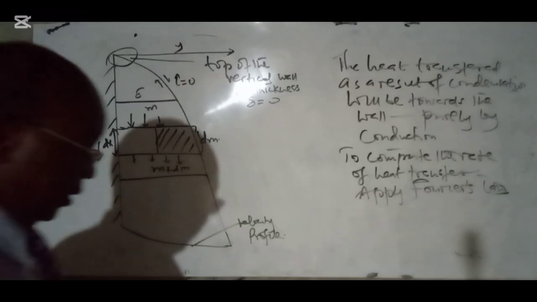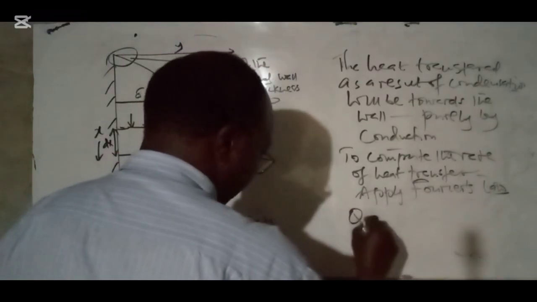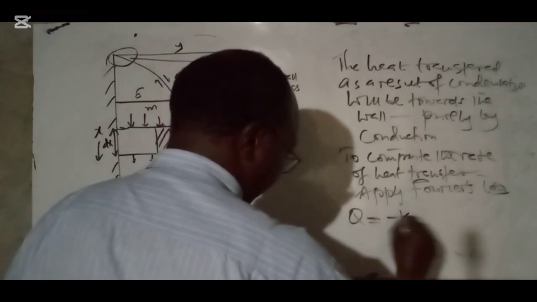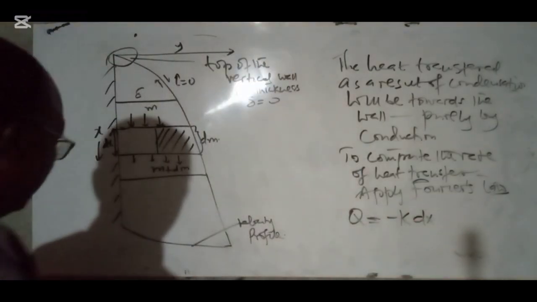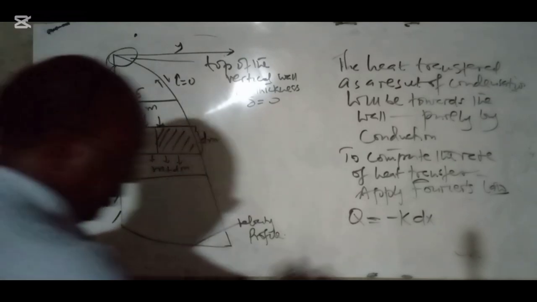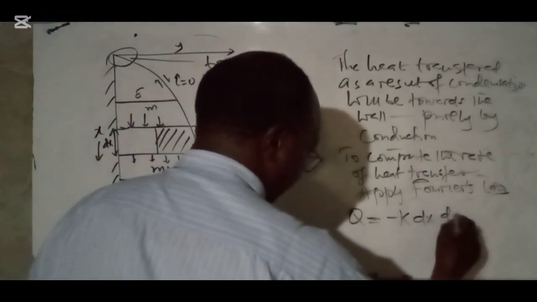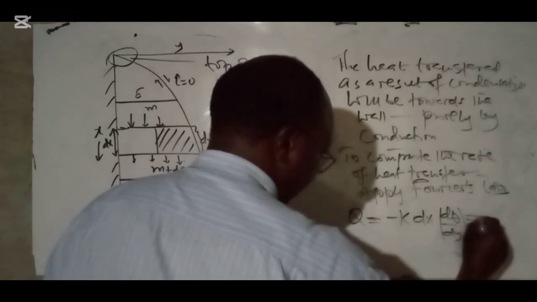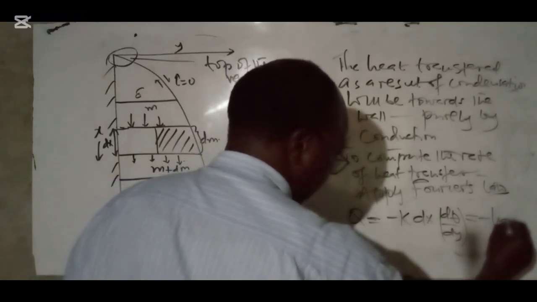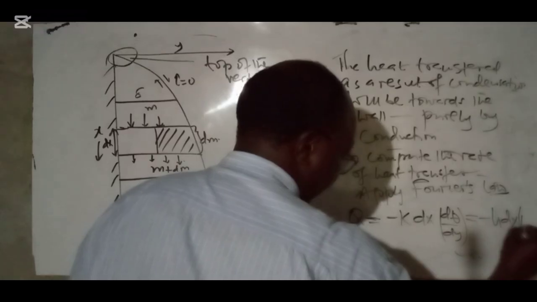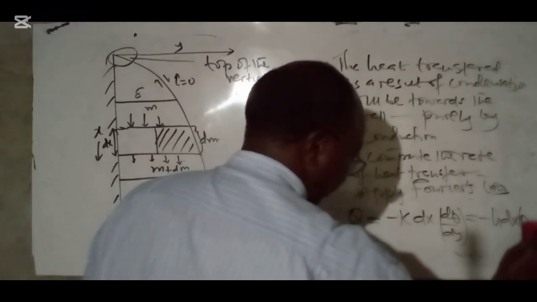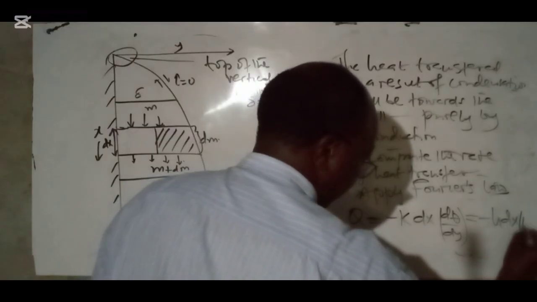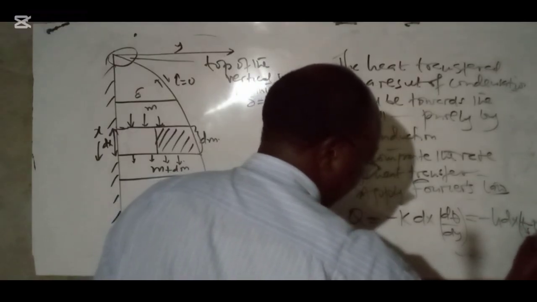And we know that the rate of heat transfer, Q, we can say is minus k dx, talking of that unit element, dT over dy, and that is equal to minus h dx times (Ts minus Tw).